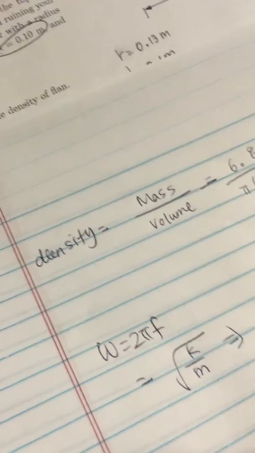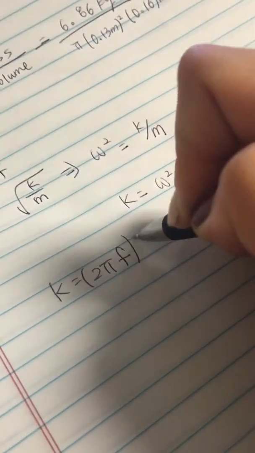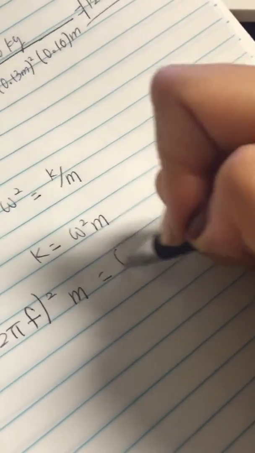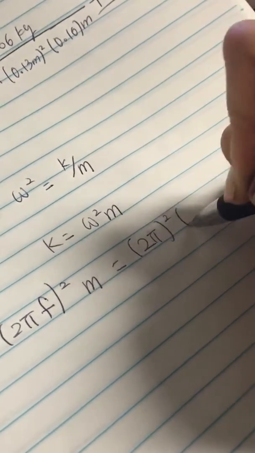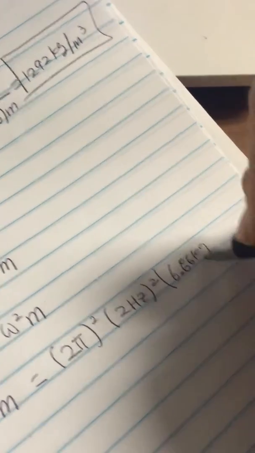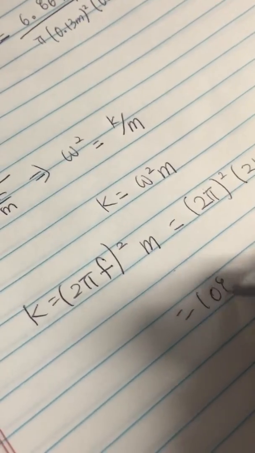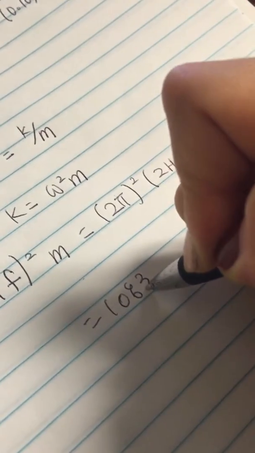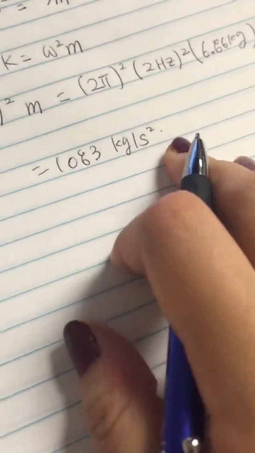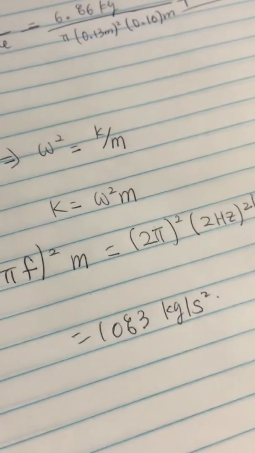So k equals (2 pi f) squared, frequency squared times mass, and this equals (2 pi times 2 Hz) squared times 6.86 kilograms. This all sums up to 1083 kilograms per second squared, and this is the stiffness of the flan.